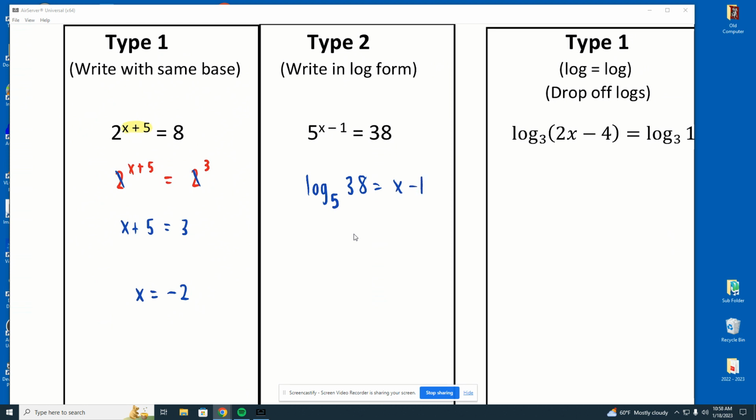Now I hope this doesn't happen with you guys, but Brayton, tomorrow if you call me back to your desk and say, I can't remember where to find log base, what am I going to do? I'm going to turn around and walk back up here and be like, tough luck, Brayton. Please remember where log base 5 of 38 can be typed in.